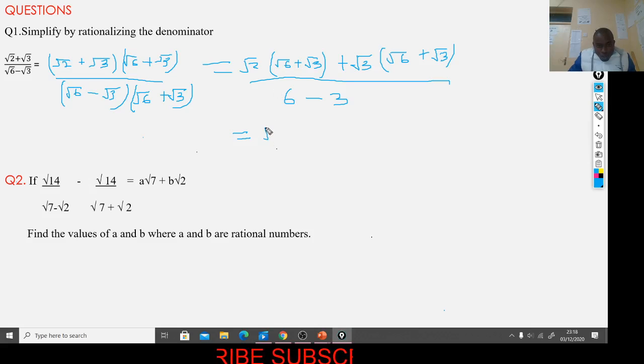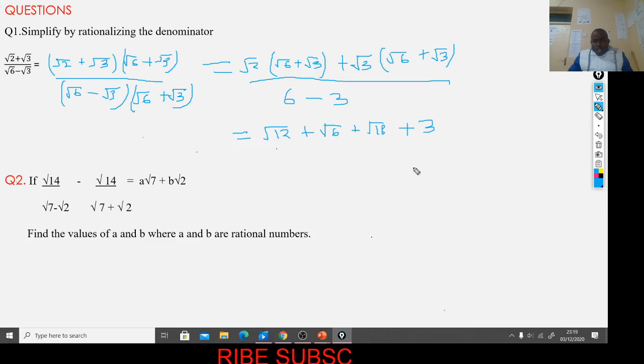This gives you root 12, plus root 6 plus root of 6, plus root of 18 plus root of 18, because 6 times 3 is 18, then plus root of 3 times root of 3 is 3.